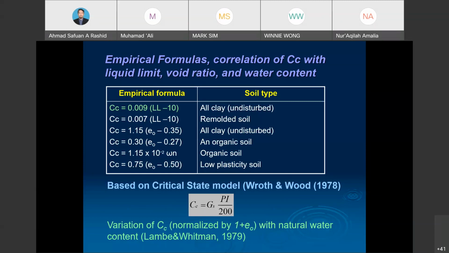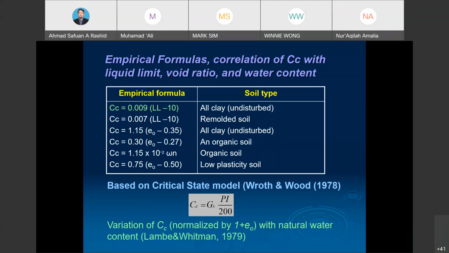Unless you want to validate the result from the odometer, then we can use this formula to make sure that our result is within the typical value of the CC from the empirical. Empirical means that they developed the equation or the relation based on 100 or 1,000 or more results.